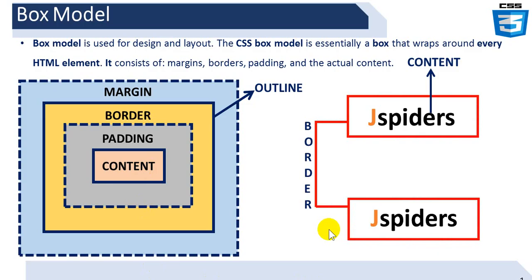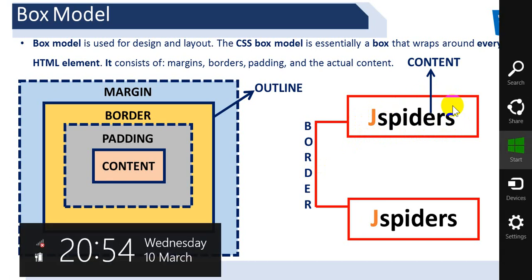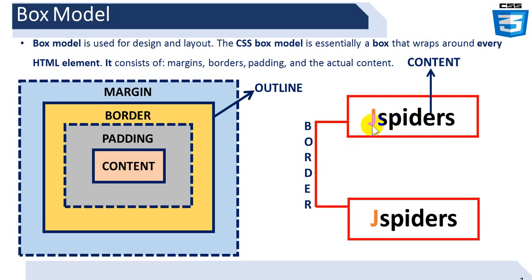JSpiders is the content, surrounded by a box, which is the border. And we have some space here: there is a space between the content and the border. JSpiders is my content and the red color is my border, and the space between the content and the border is known as padding.